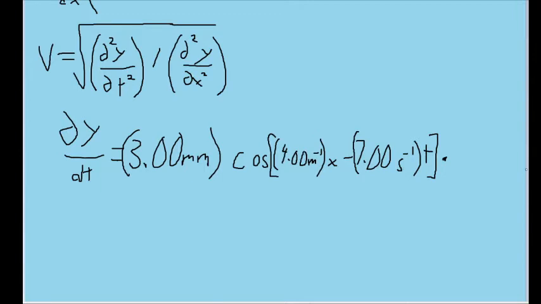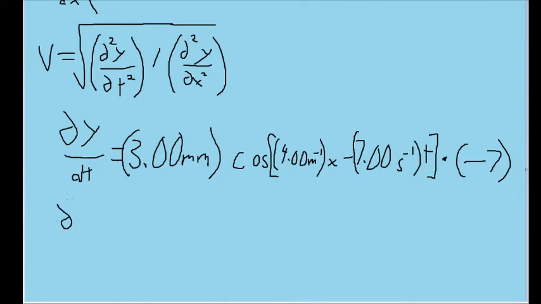So the derivative of a constant is just 0, so the inside becomes negative 7t, and the derivative of a constant multiplied by the variable of differentiation is just going to be that constant because of the power rule. So we're going to be multiplying this whole thing by negative 7. So we now have a negative function here.